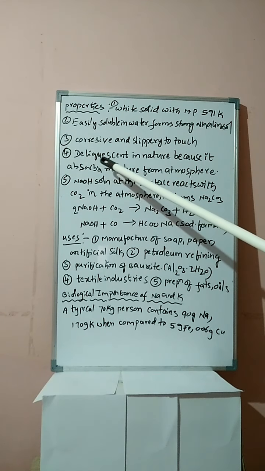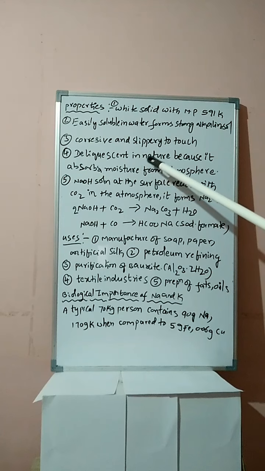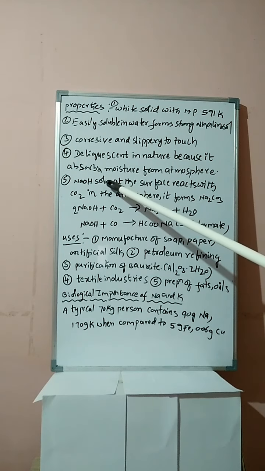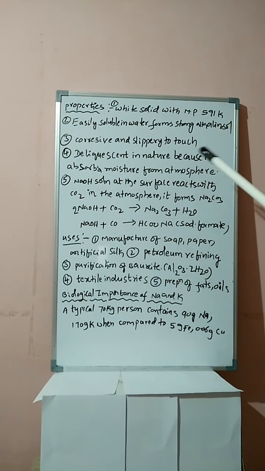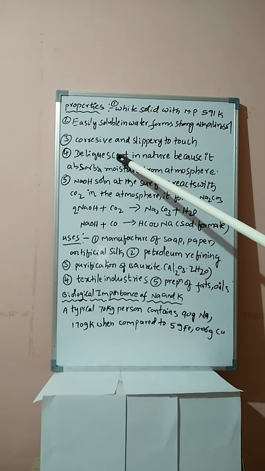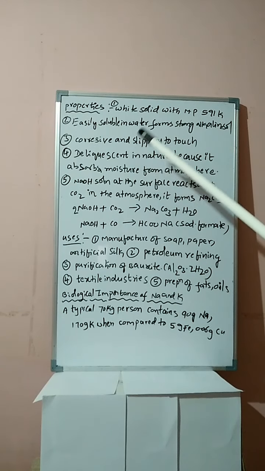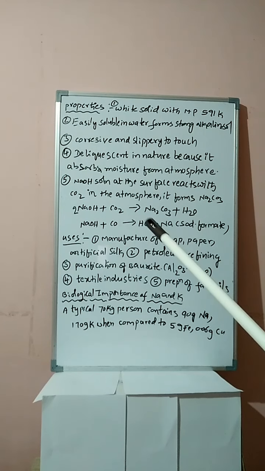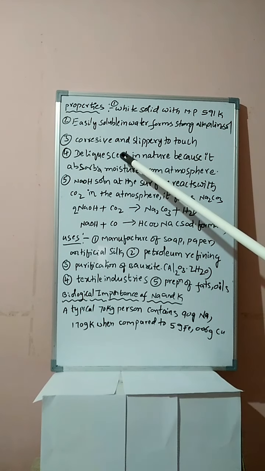Sodium hydroxide is deliquescent in nature because it absorbs moisture from the atmosphere. Deliquescent means that on its own the solid can be converted into liquid because it is absorbing moisture from the atmosphere. For example, in a watch glass you can keep 10 grams of sodium hydroxide.